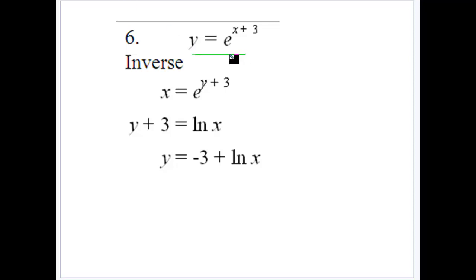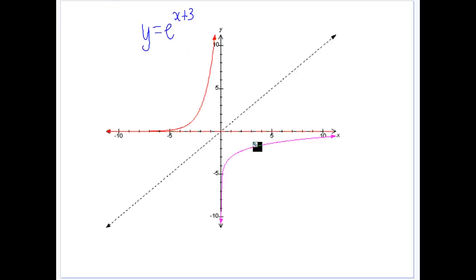Same would have to go on here. We know that the domain of this one is all x, not a problem, but y is greater than or equal to 0. There's an asymptote on the x-axis. So that means for this function, the asymptote will become the y-axis. So when we graph it, there we go. Was an x-axis for y is equal to e to the power of x plus 3, and that's going to keep going.